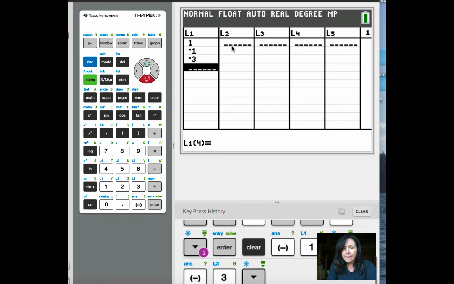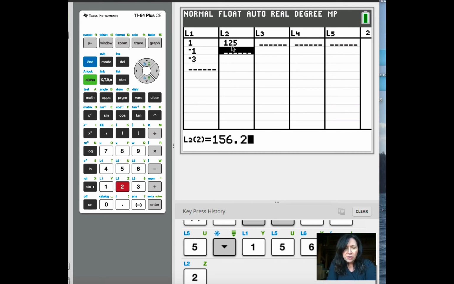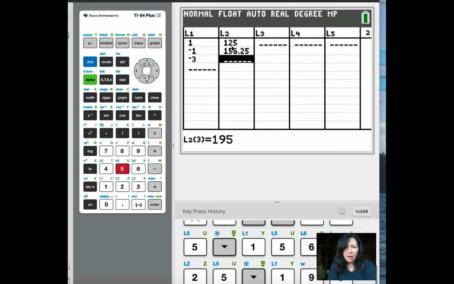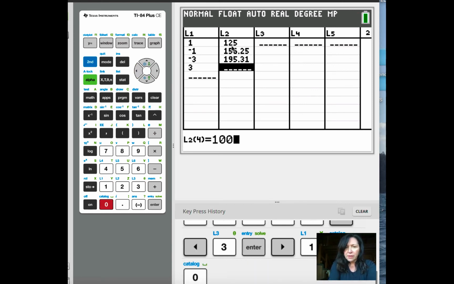And then for those three numbers, I'm just going to fill those in right now. So for 1, I have 125. Going down, I have 156.25. I have 195.3125. And I'm going to go back over. I'm going to hit L3, enter, and 100.